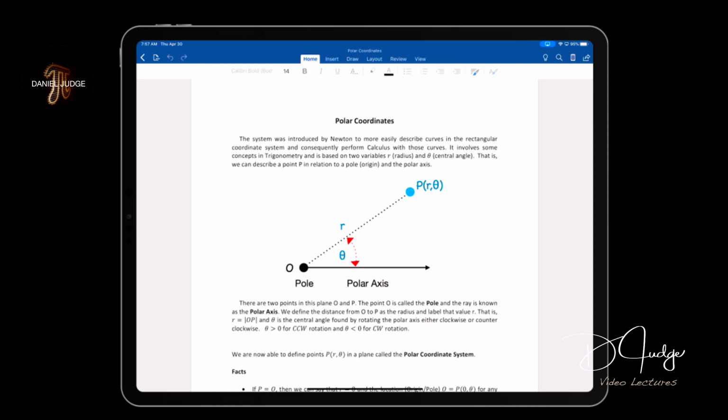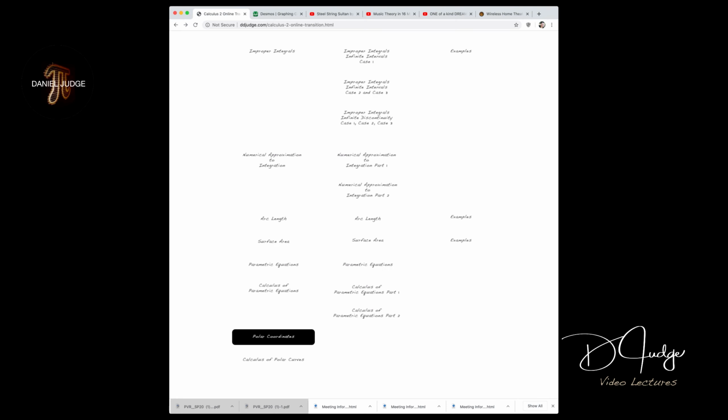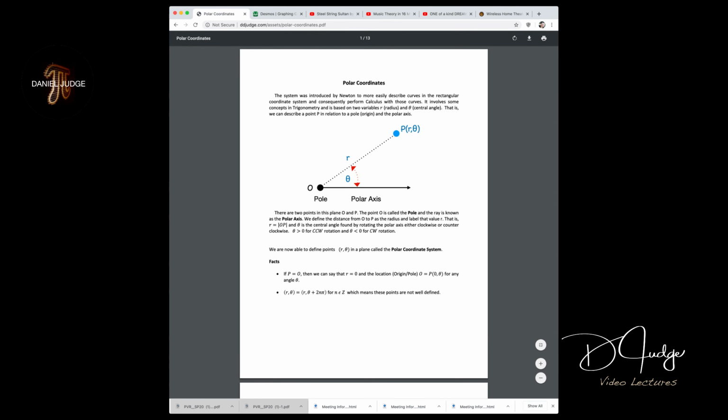Okay, here's some of our definitions of how we start with the polar curves. So I'm going to remark, you start with a pole. So the pole, ladies and gentlemen, is thought of as kind of like the origin. And then you have this thing called a polar axis that is horizontal. Okay, so this horizontal polar axis right here.